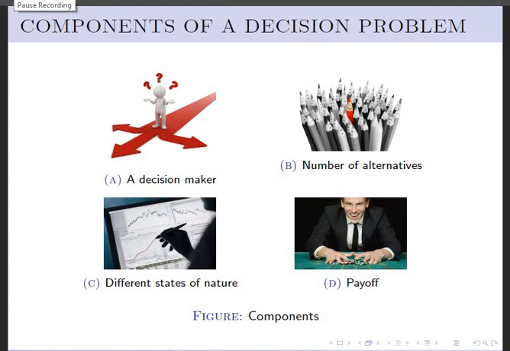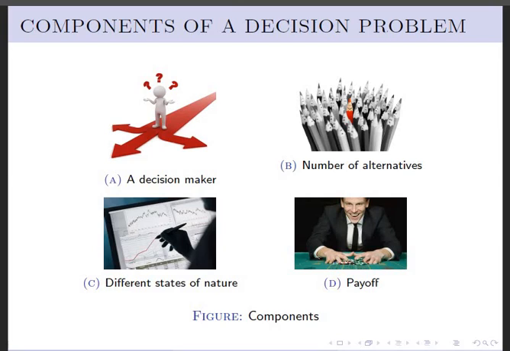Irrespective of the type of decision model, there are certain essential elements which are common to all. Firstly, a decision maker who is going to take decisions. Secondly, a decision is made from among a set of defined alternative courses of action, which are also known as strategies, acts, etc. Thirdly, consequences of any course are dependent upon certain factors beyond the control of the decision maker, which are called states of nature.